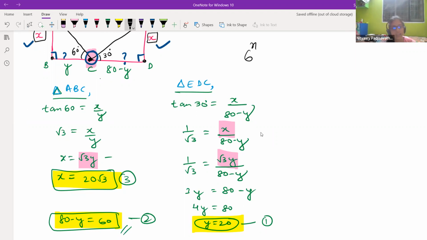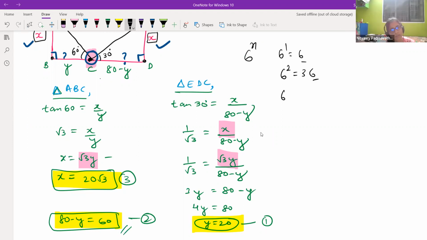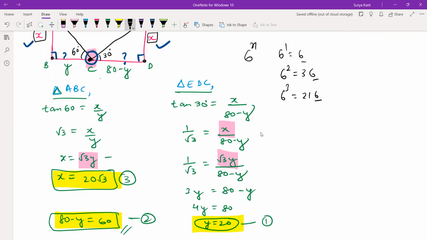If n is any number, will the last digit be equal to 0? See, you can write here 6 to the power 1 is 6, 6 to the power 2 is 36, 6 to the power 3 is 216. So if any power is ending with 6, it cannot end with 0. Simple, no? That way you can write.